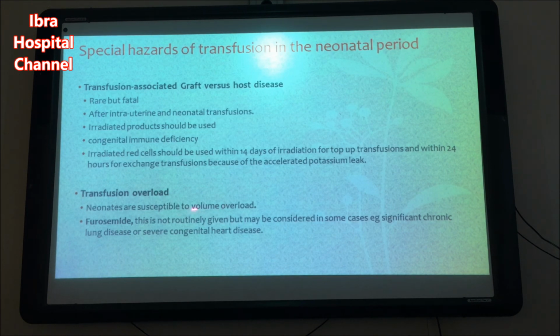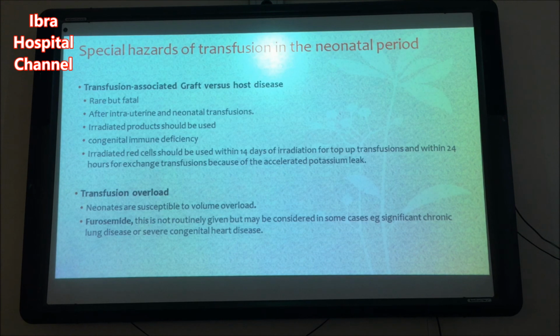So neonates are susceptible to volume overload because you are giving a large volume of blood relative to their small body weight. Furosemide is not routinely given, but may be considered in some cases, for example significant chronic lung disease or severe congenital heart disease. I mean, in some centers for children, they always consider Lasix mid-transfusion.